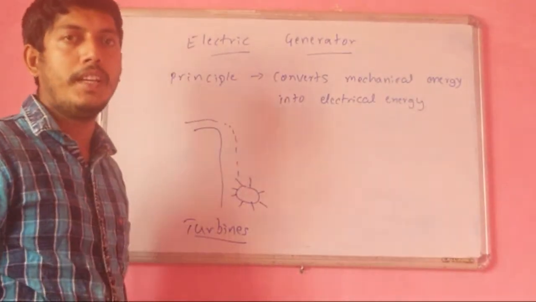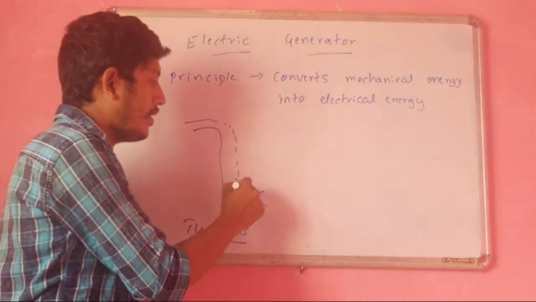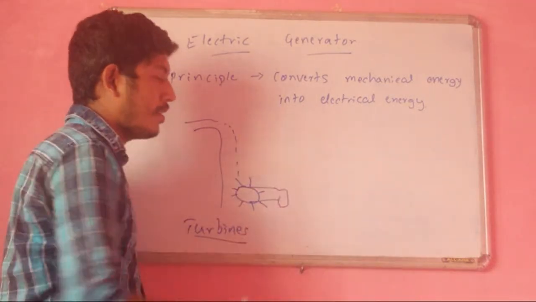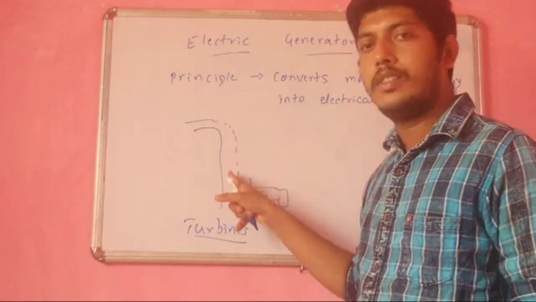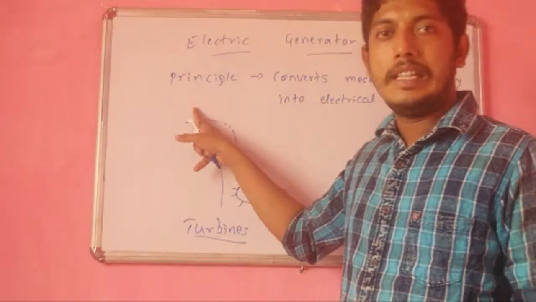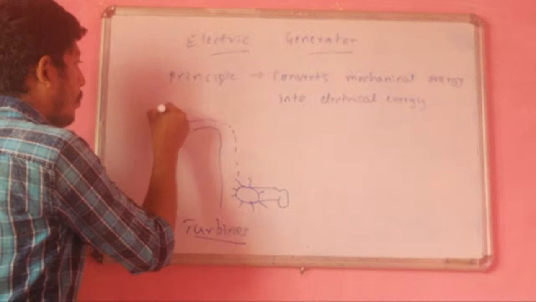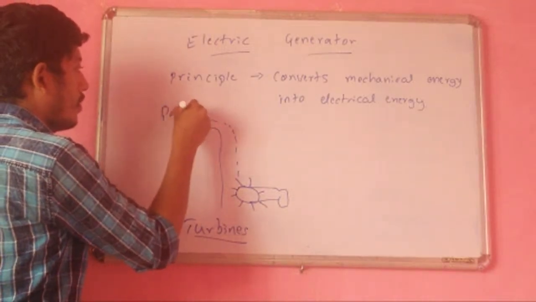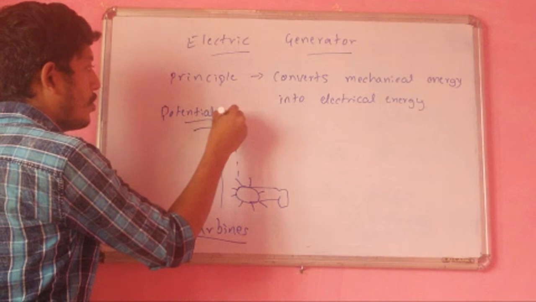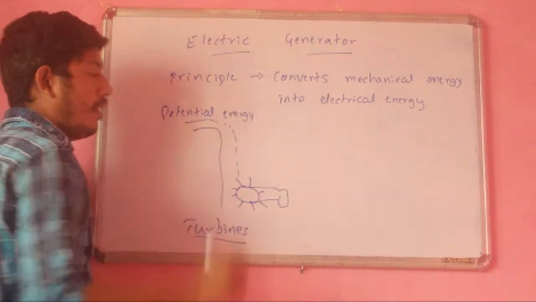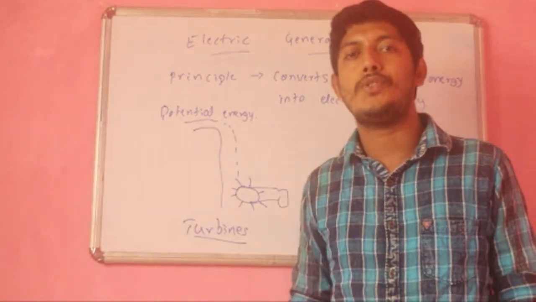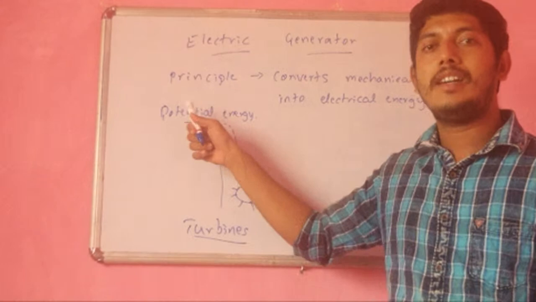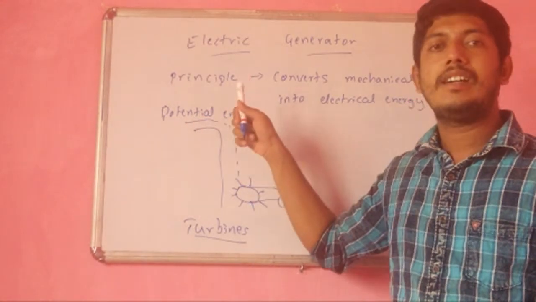When the water falls on the arms of the wheel, the turbine starts rotating, and it is connected to a generator. Because the water is at a higher position, it contains potential energy, the energy an object has due to its position or deformation.